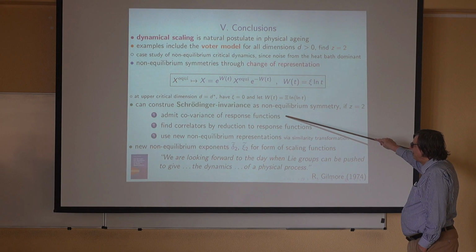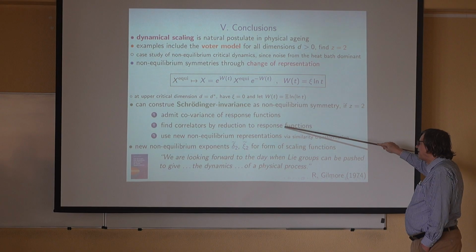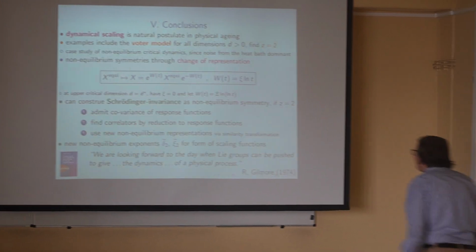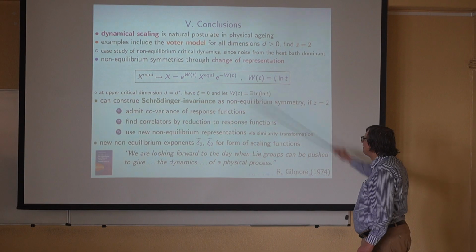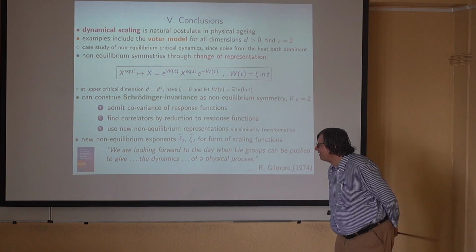We have to admit the covariance of the response function, only of the response functions. Then correlators can be reduced to certain response functions. And you can then use these non-equilibrium representations, like the similarity transformations, to arrive at explicit predictions.